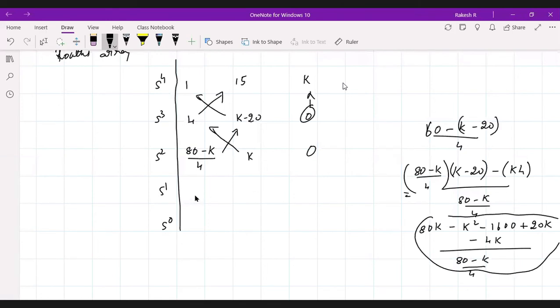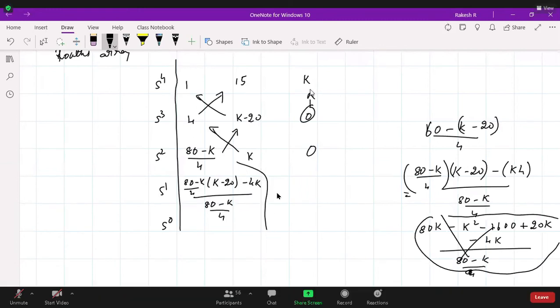Now what is this value? It is the value we have obtained here. Whatever we have got, I'll write like this: (80 minus k divided by 4) into (k minus 20) minus 4k, all divided by (80 minus k) divided by 4.